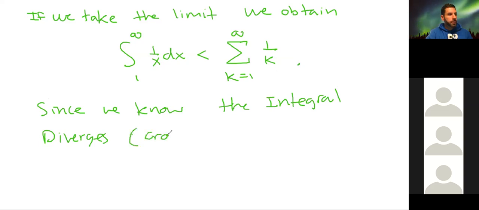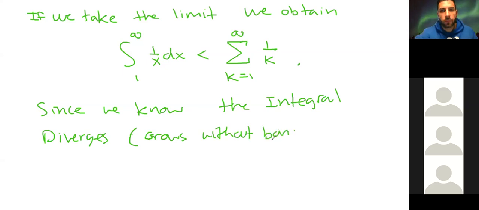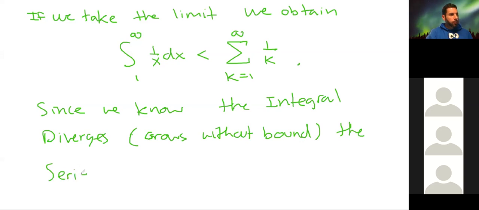So what does that mean? Another way of saying that is it grows without bound. So if this grows without bound, the series must diverge.